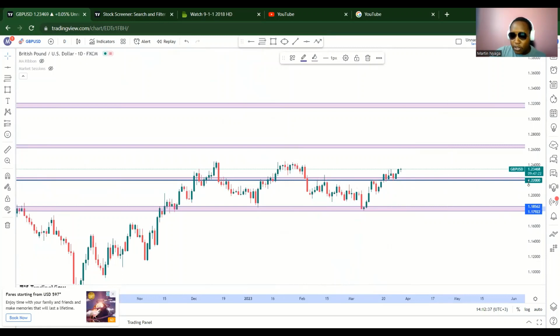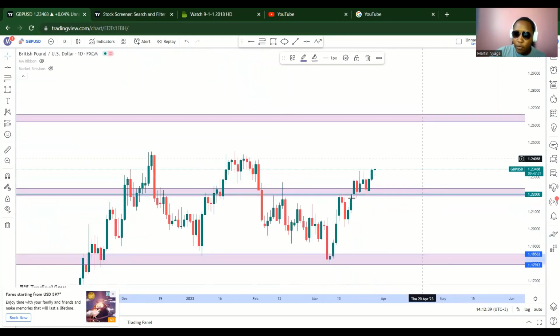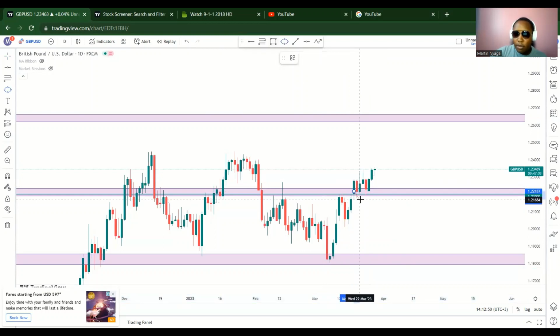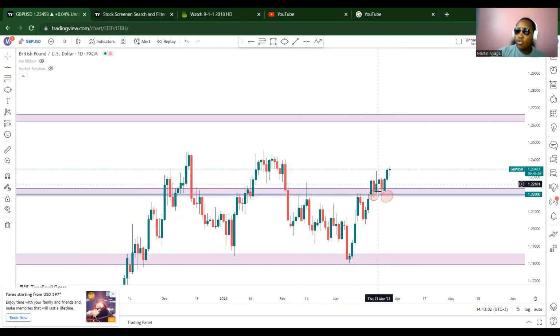Here on the daily, we broke this resistance level, retested it, and got a double bottom, one bottom over there and another over there. These two together will enable the market to go up to the next zone. That's how we trade support and resistance.